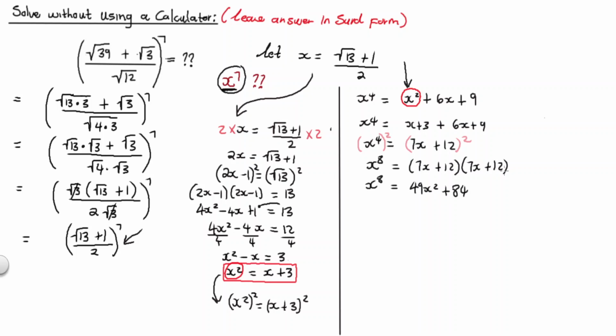This times this, and then it's 84x. All right, this one I cannot apply mental maths to solve. So that's why I need a calculator for 144. Okay, cool. Then it's x raised to exponent 8 equal to 49x squared. This plus this.